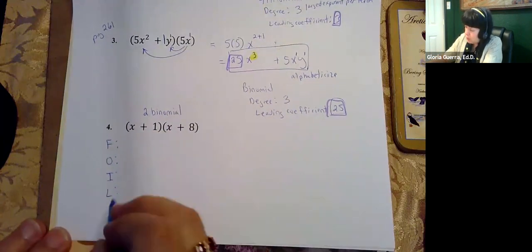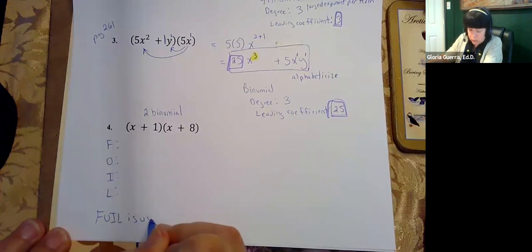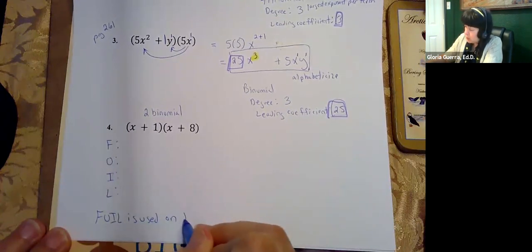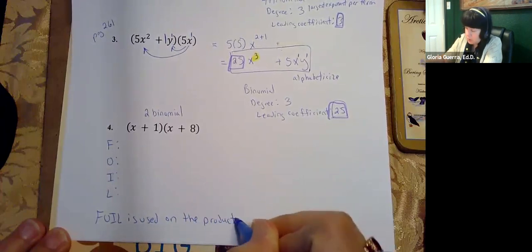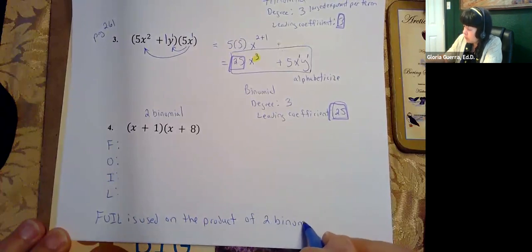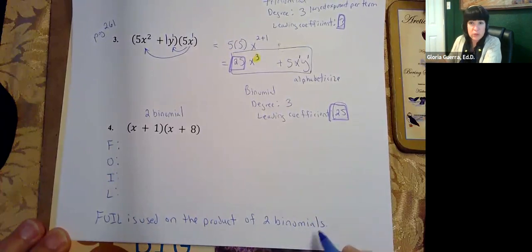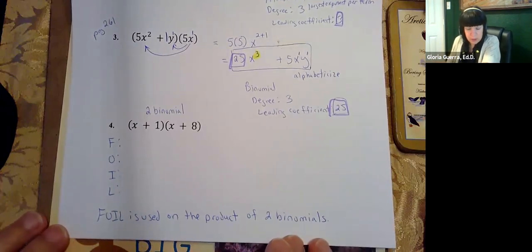FOIL is used on the product of just 2 binomials. Not a binomial times a trinomial, just a binomial times a binomial.